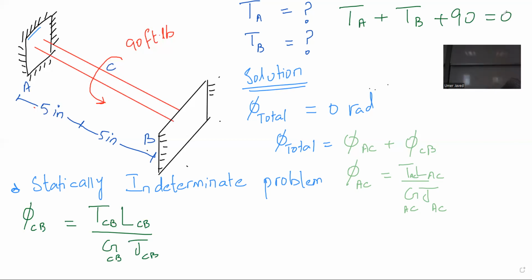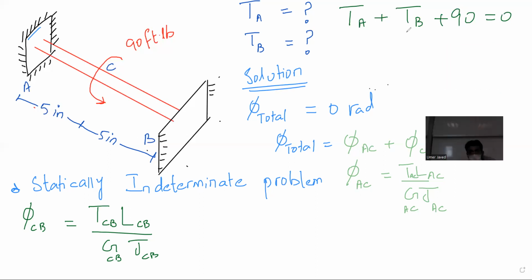So you cannot find the torques at the supports. Are you getting my point? There is just one equation. So this is why it is called a statically indeterminate structure, because your statics classes are raising their hands and they are telling us you need to start the 206 concepts for us to crack the TA and TB, the reaction torques at the supports. Are you getting my point? So that's why just by looking at TA plus TB, we were raising our hands, and then we started the 206 concepts.